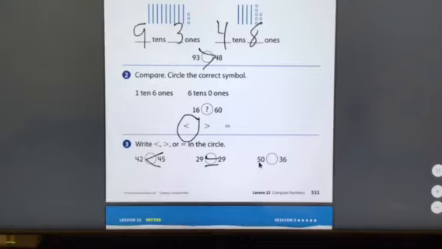There's a 5 in the tens place in 50 and a 3 in the tens place in 36. 5 is greater than 3, therefore 50 is greater than 36, and your symbol should be facing that way. Remember that the open part of the arrow faces the bigger number.